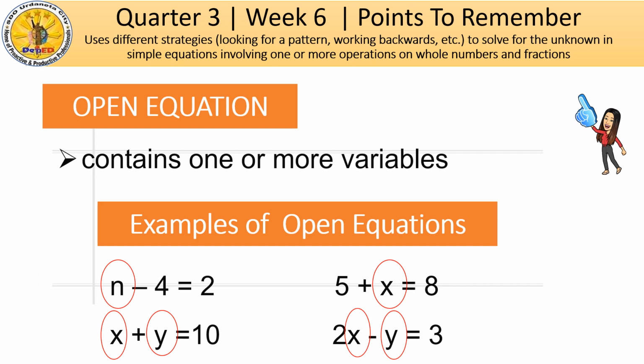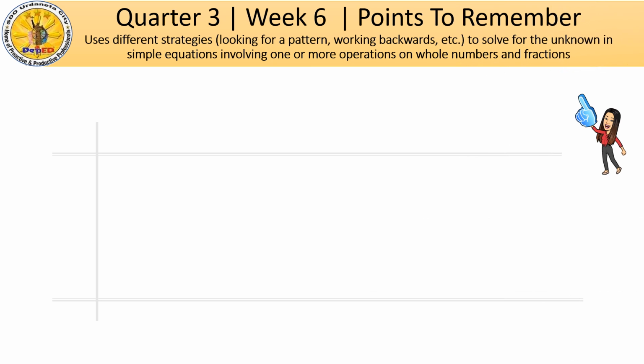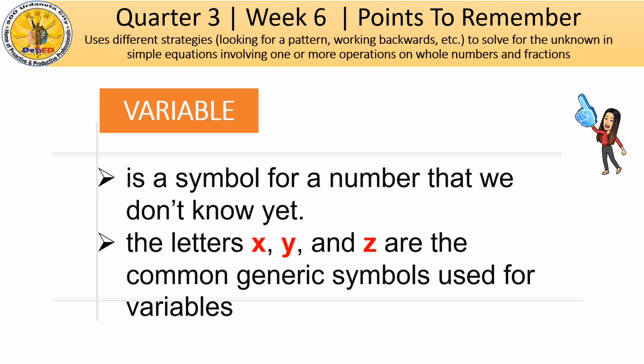The encircled letters are so-called variables. When we say variable, it is a symbol for a number that we don't know yet. The letters x, y, and z are the common generic symbols used for variables.